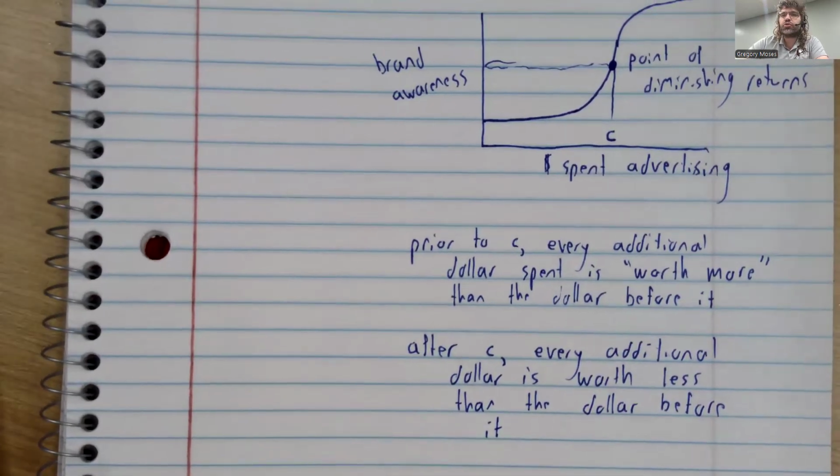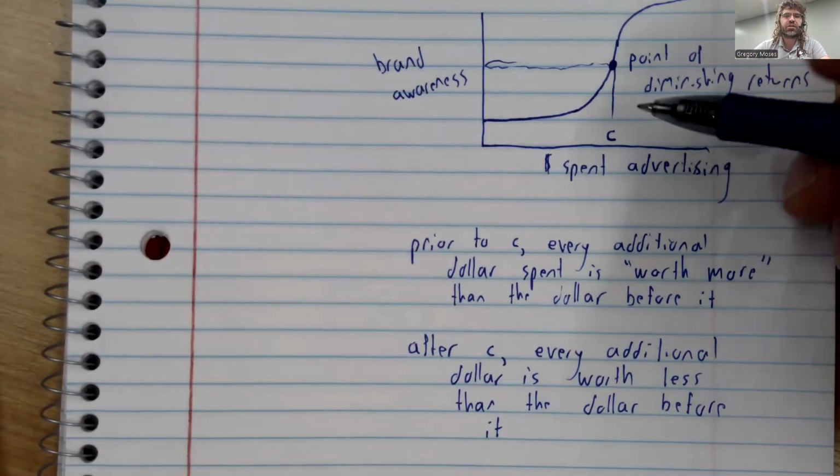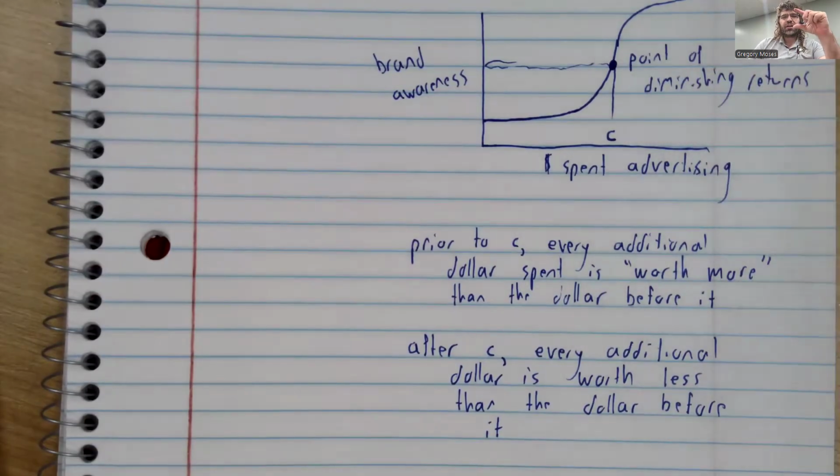It doesn't mean you shouldn't spend the money. It doesn't mean you're not getting value for the money. But if C here is $1,000,000, then the million and first dollar is giving you less value than the millionth dollar did. It might still be giving you good value, it's just giving you less value.